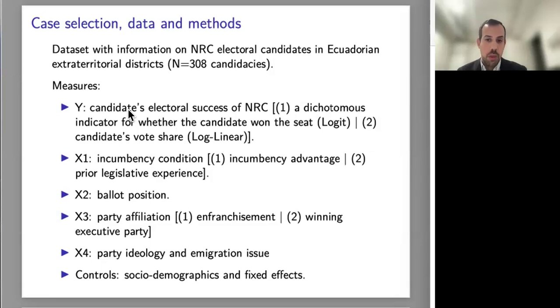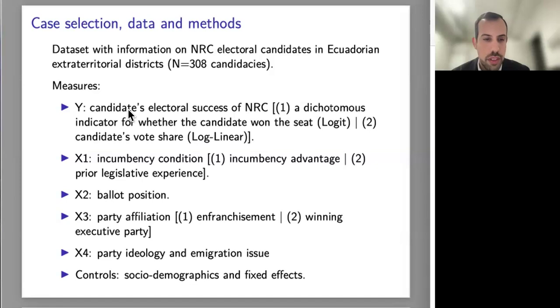Second, we measure ballot position. That is a simple variable that reflects which candidate is first ranked on the list, as each electoral district in Ecuador is fixed and has two seats in dispute for each election. Third, we use two indicators for party affiliation.